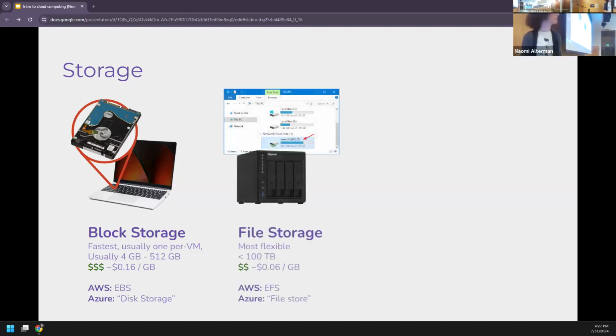So the next step up from this is file storage. This is more flexible. You can think of this as being much closer to Google Drive or Dropbox. It is a folder that you can mount on your virtual computer or on your personal computer that stores data in the cloud. It's much slower than block storage.